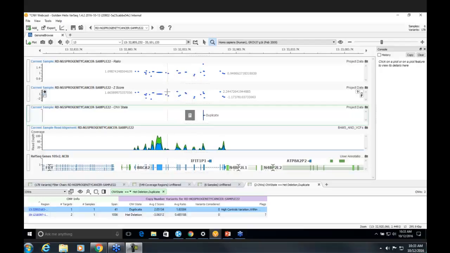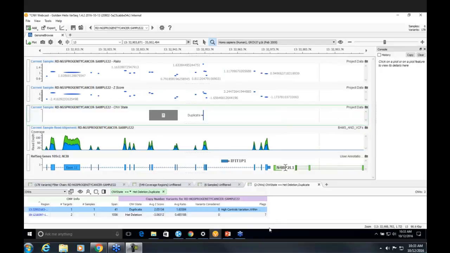In fact, there are a number of events in this region that have very low z-scores and very high z-scores. So there appears to be pretty high variation, and of course we flagged it as having high variation among the controls, but it also doesn't appear to exceed the regional interquartile range requirements. And so we flagged this variant as being likely unreliable.